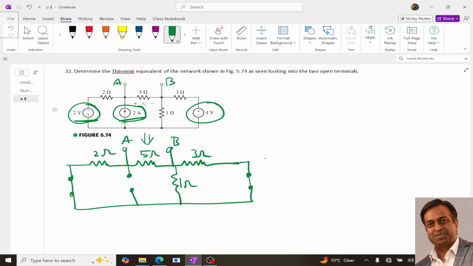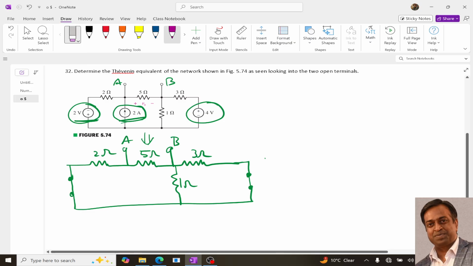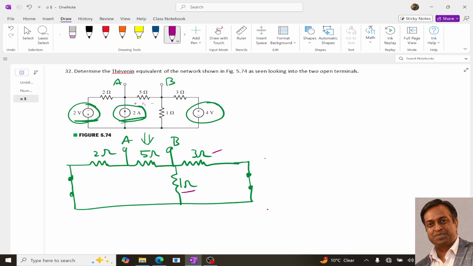If I remove these open circuit wires, just to simplify, it will look like this. So we can see that this 1 ohm and 3 ohm are in parallel to each other.